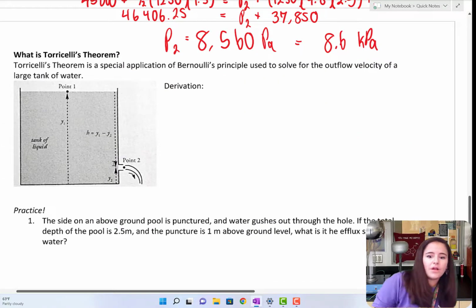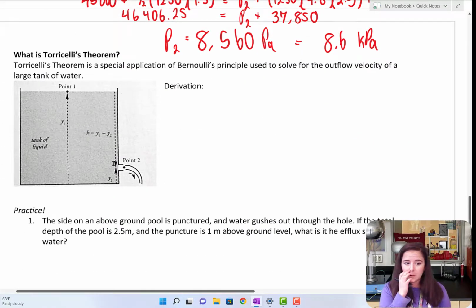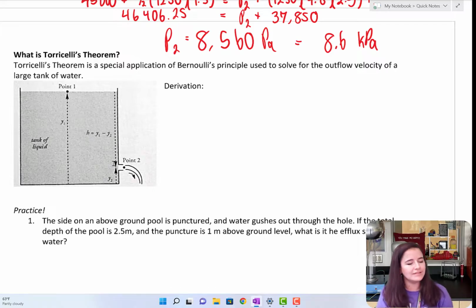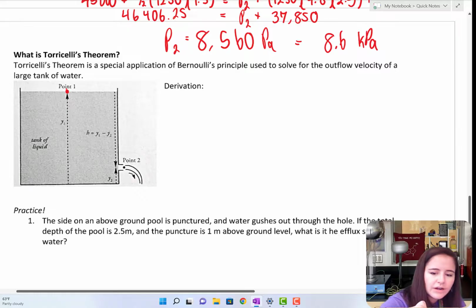Now, often in these problems, we are going to use Torricelli's theorem. Torricelli's theorem is a special application of Bernoulli's principle that we use to solve for an outflow velocity of a large tank of water. So we're going to have our point 1 up there and our point 2 down here open to the atmosphere.